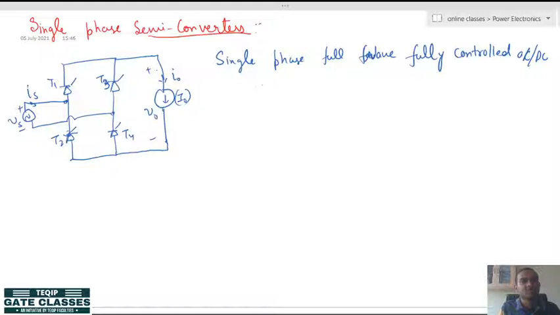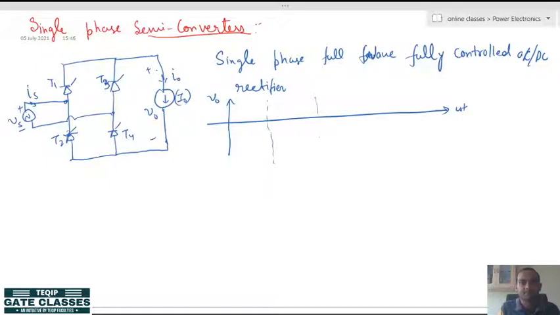Why is it known as single phase fully controlled? Because all the 4 switches are controlled in nature. And if you remember its source current output and load voltage output, the load voltage output was like that. Let us say these are pi instants.